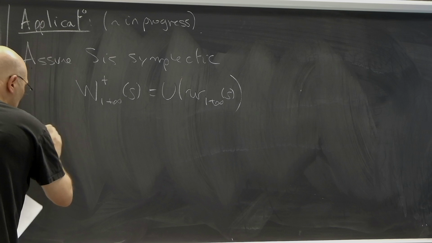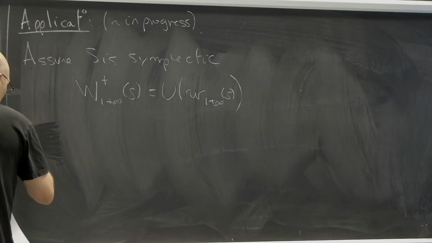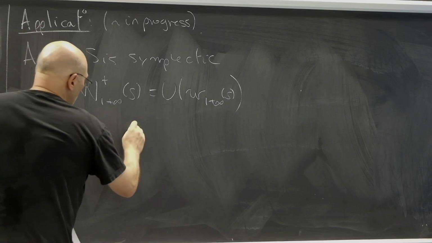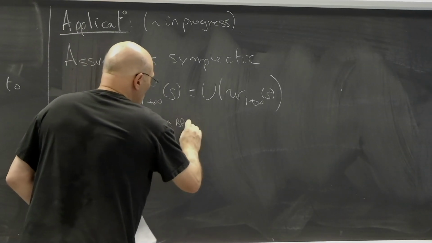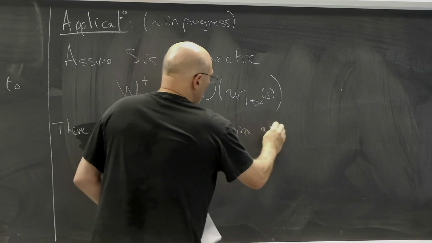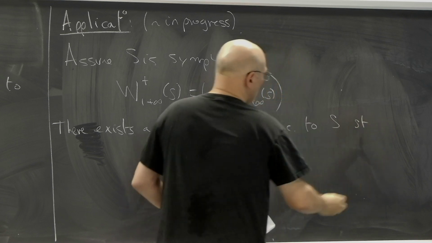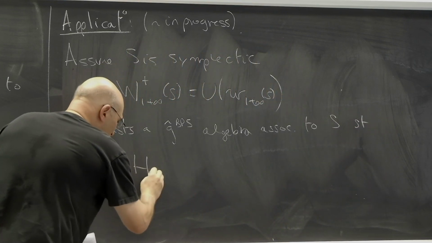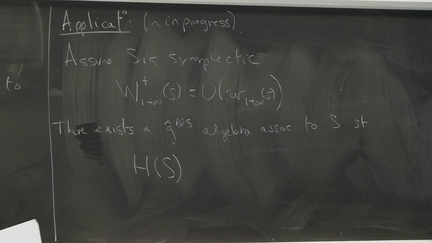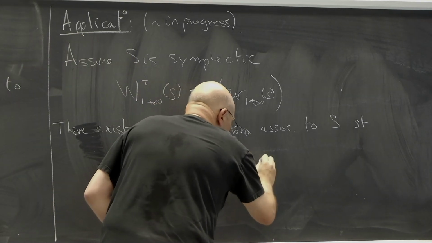Okay, so I want to say that there exists an affinized BPS Lie algebra associated to S, such that if you take the full coha of S, not the finite length part, this is the enveloping algebra of this affinized BPS Lie algebra.